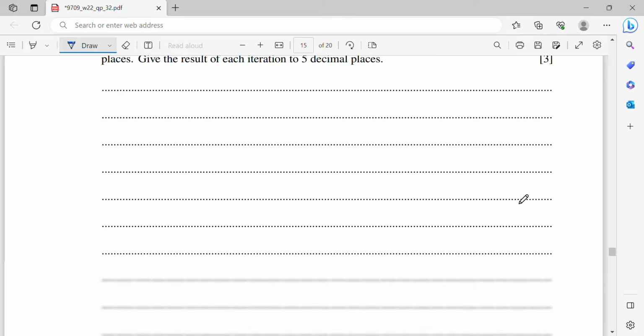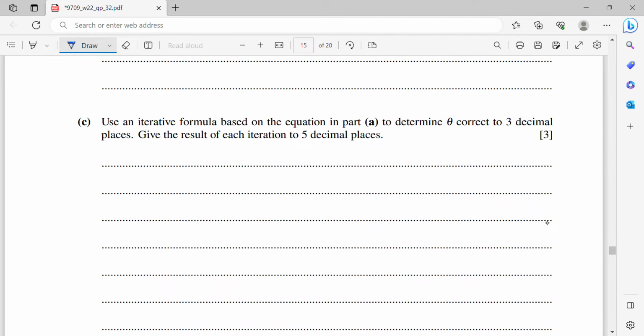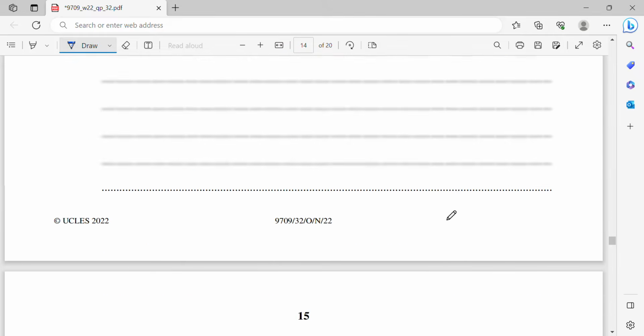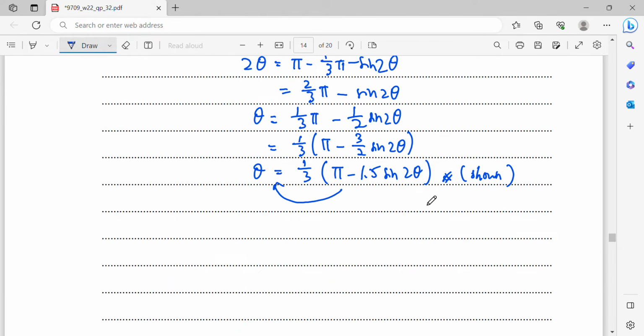Okay, so now C. Use an iterative formula based on the equation in part A to determine theta correct to 3 decimal places. Give the answer of each iteration to 5 decimal places. So the formula in part A is this.